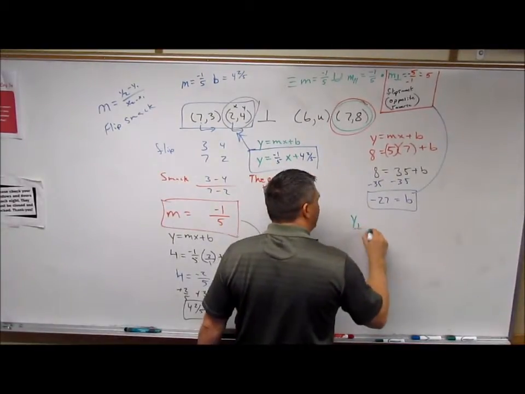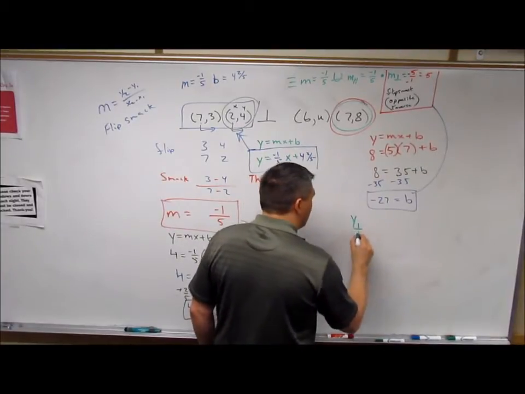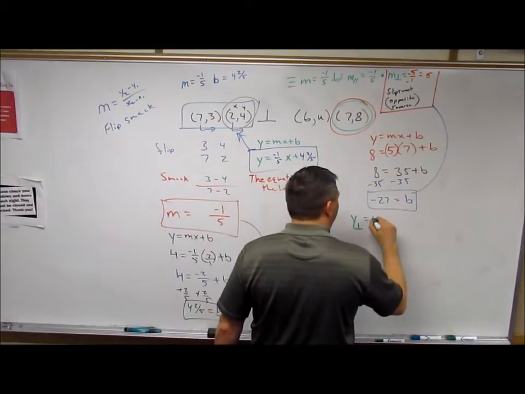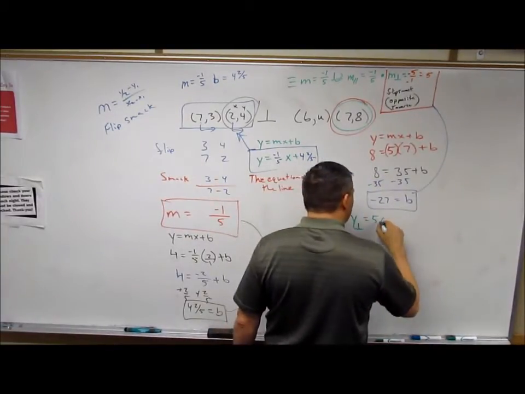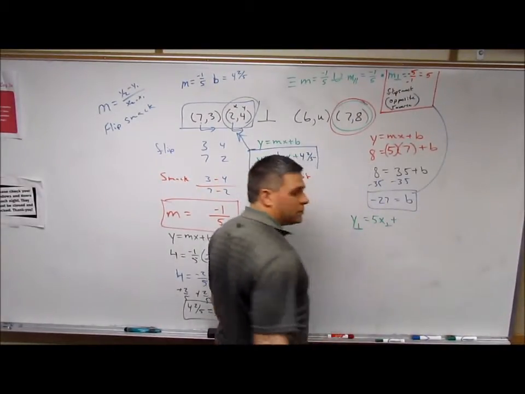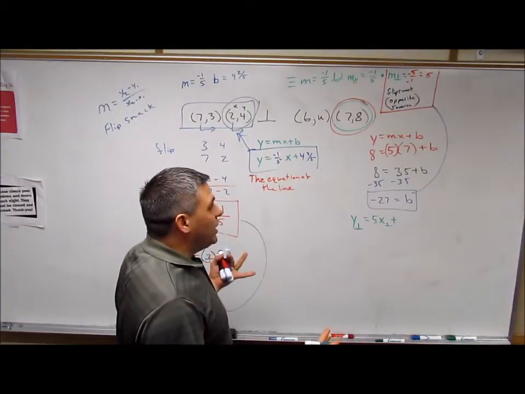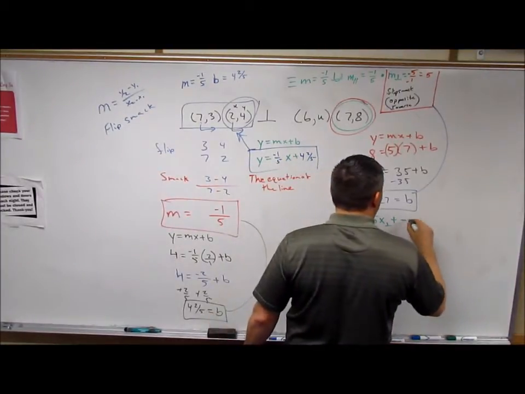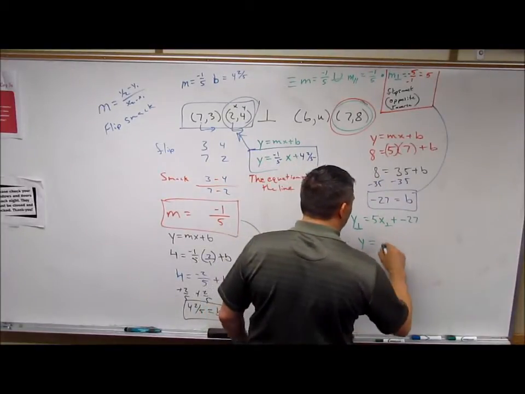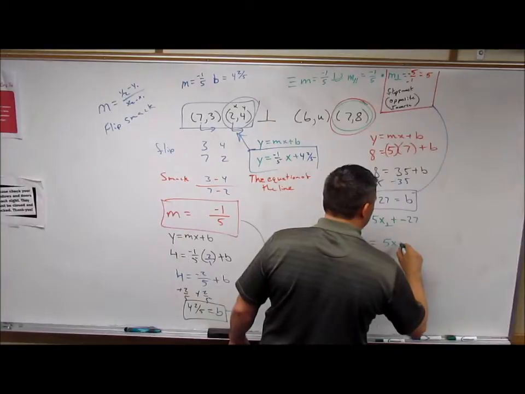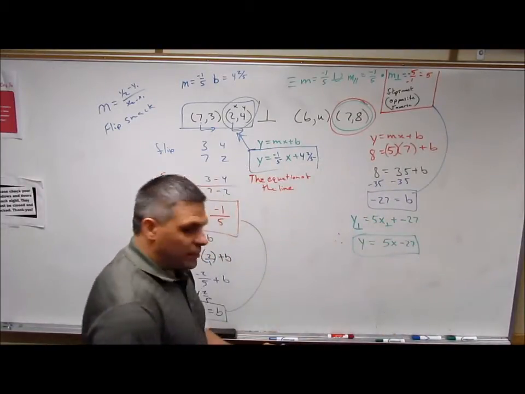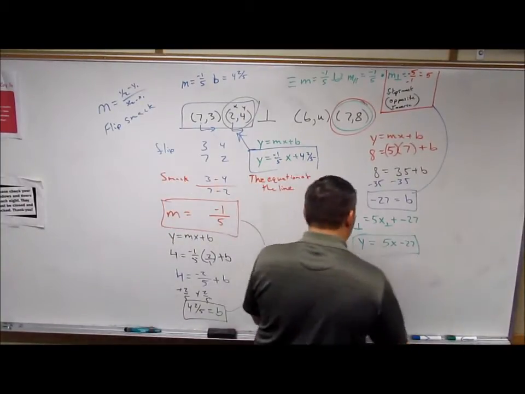My y perpendicular is equal to m, which is 5, x perpendicular plus b, which is negative 27. Therefore, y equals 5x minus 27.